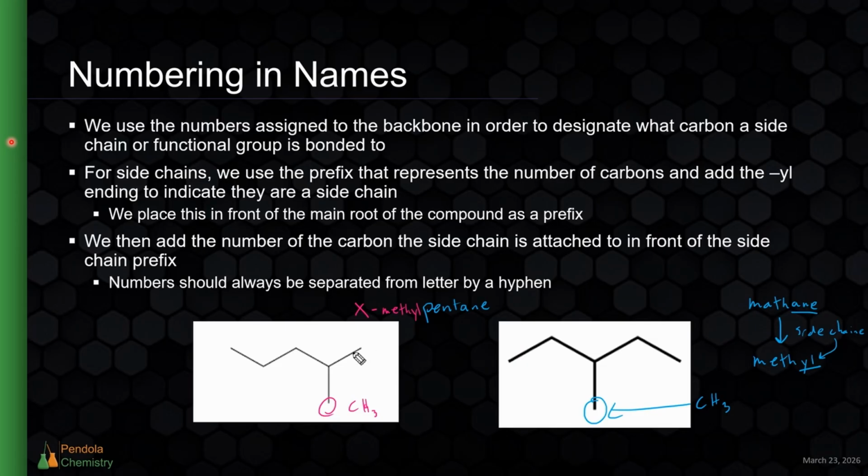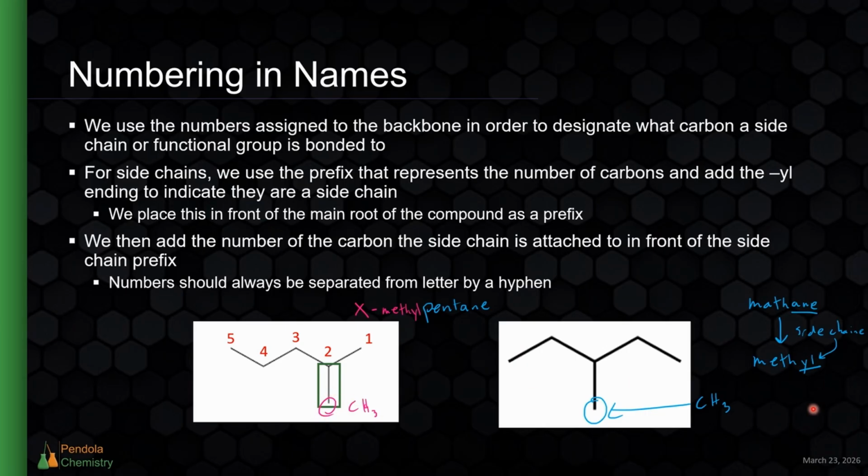So here, in this first example, we said we had this number, start from the right, 1, 2, 3, 4, 5. So this is again a pentane, because a 5-carbon alkane backbone, with a methyl side chain, because that methyl side chain has 1 carbon on it.